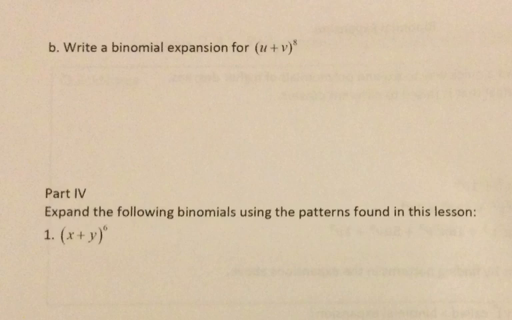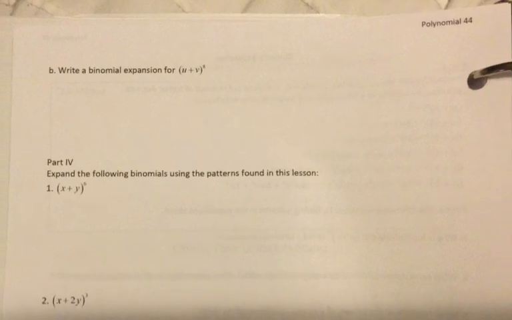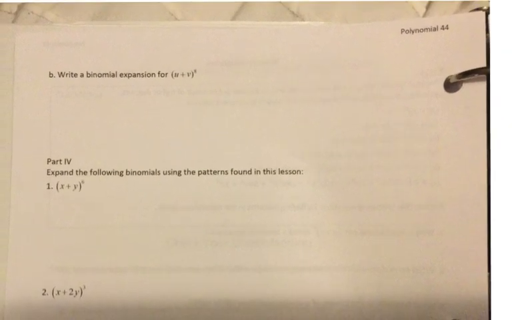Because it tells me to write the binomial expansion for u plus v to the 8th. So again, I would use Pascal's triangle, which is on the previous page. Because I'm on row 8, see, and I didn't write this down. Isn't that great? I'm just going to write the coefficients, which are 1, 8, 28, 56.